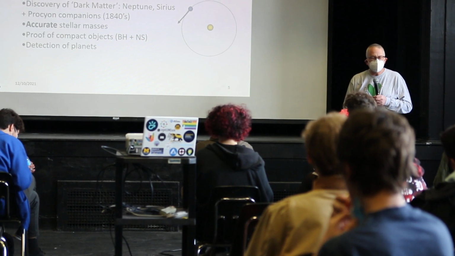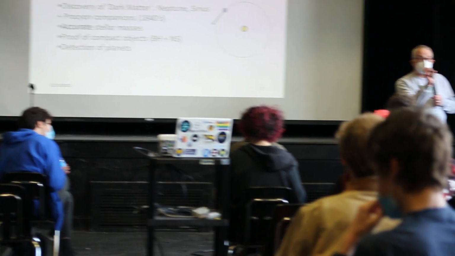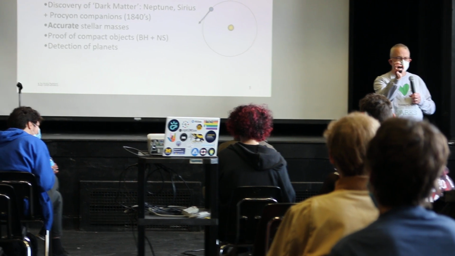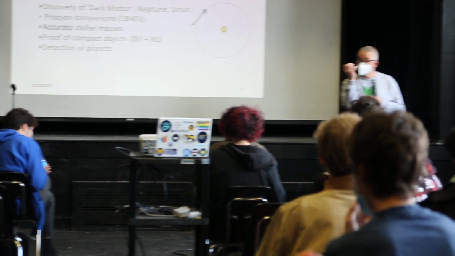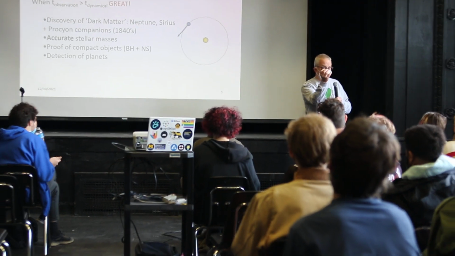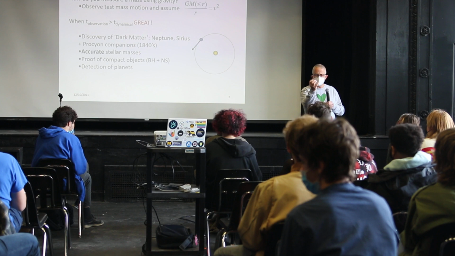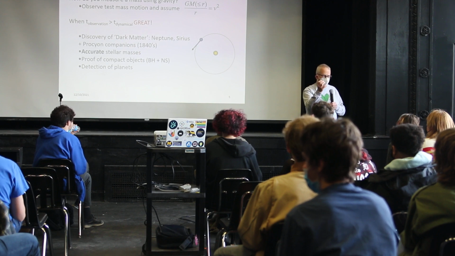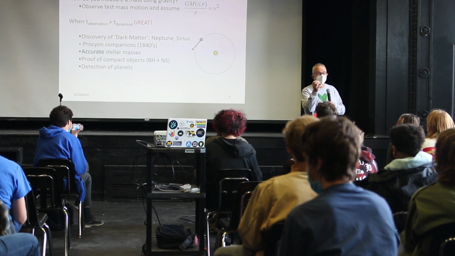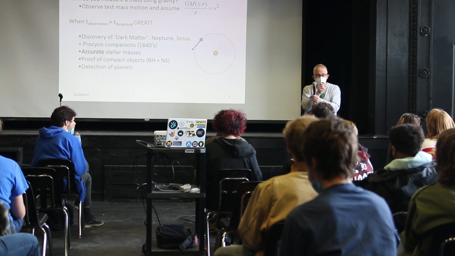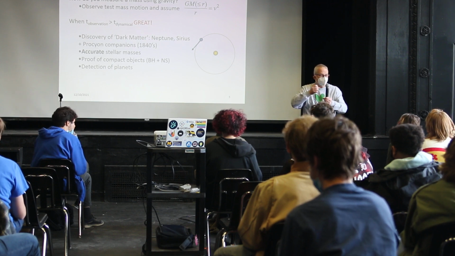It was later done to show that some stars are binary stars. So you would look at a star and you would see that star getting tugged around. The way you would see it is you would see it moving toward you and away from you. Remember, you could measure the velocity of something. So you could see it moving toward and away from you. Like, wait a minute. Stars don't move toward and away from us unless something's tugging on them. And the thing that was tugging on them was a companion. Because they were going around each other.